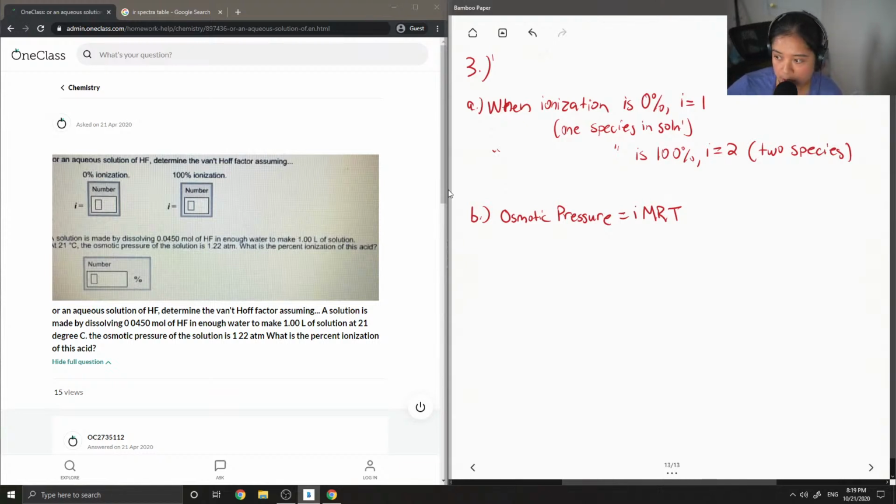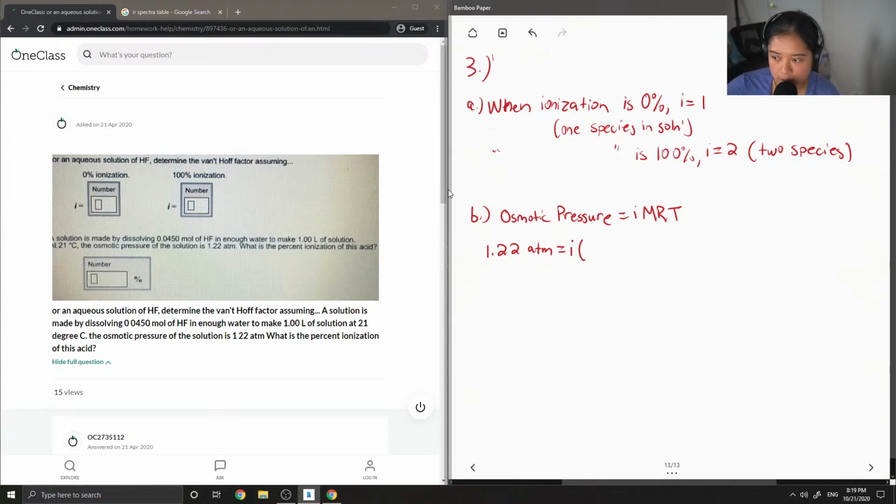T is temperature. So I'm just going to plug everything into the equation first. So osmotic pressure is 1.22 atm. We're looking for i.